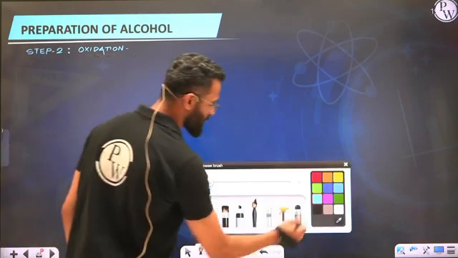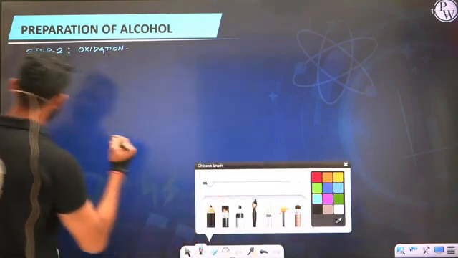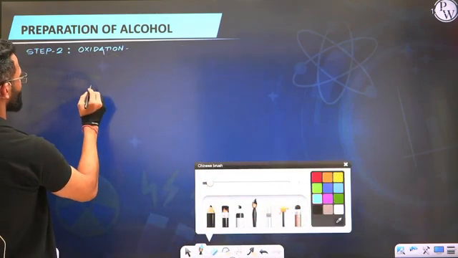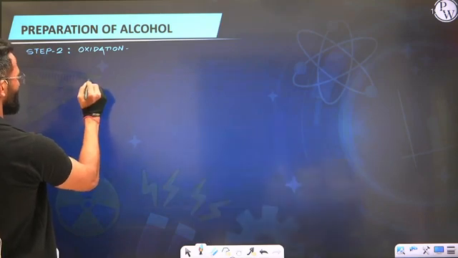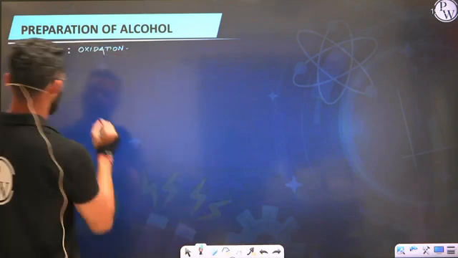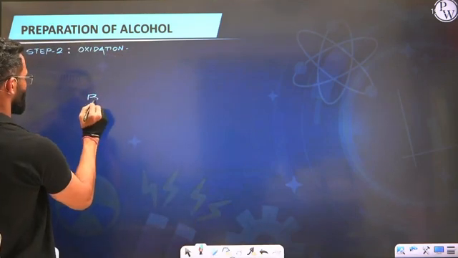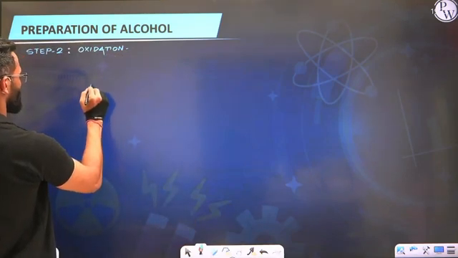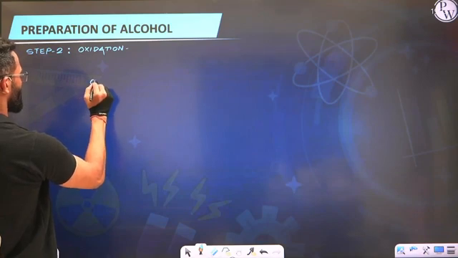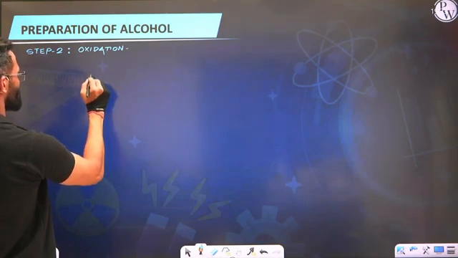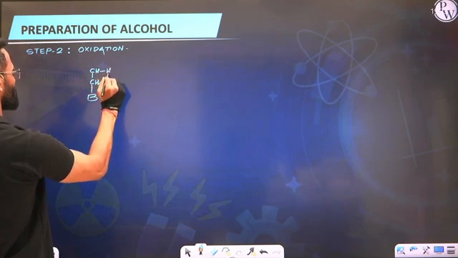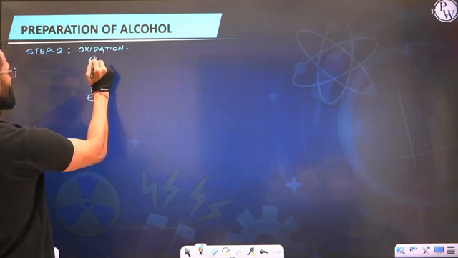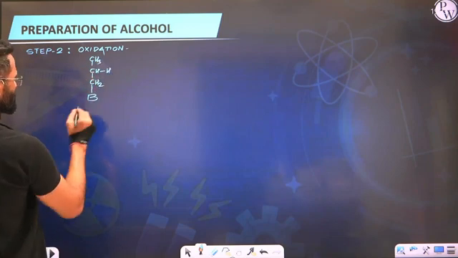Okay, so trialkyl borane is what we have got. Let me put that here, trialkyl borane. B connected to CH2, CHH and CH3.